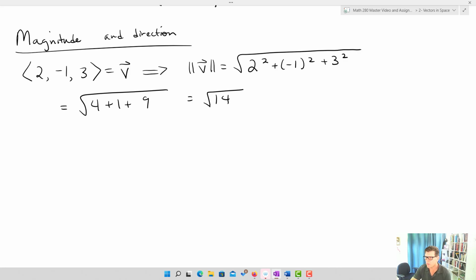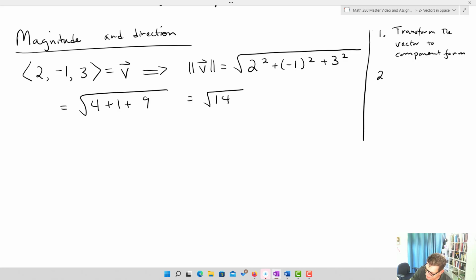If we're looking at a vector where we have an initial point and a terminal point, I think the first thing you want to do is transform the vector to component form. That's probably the best thing to do. It's just going to make life a lot easier as you're working.